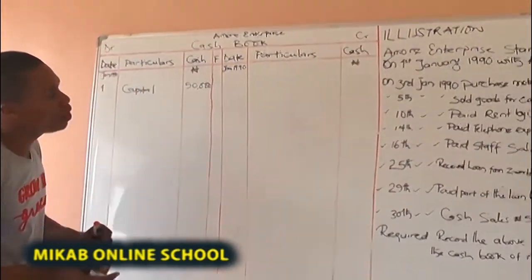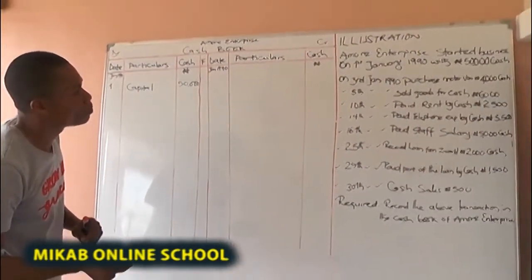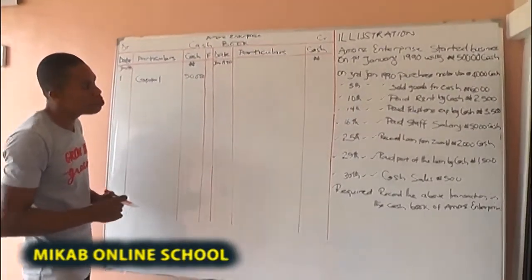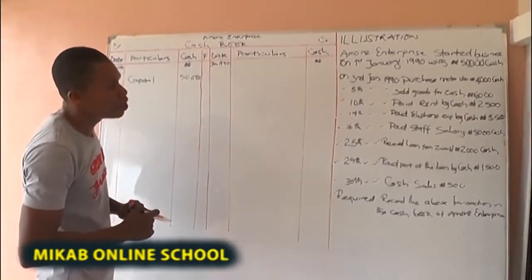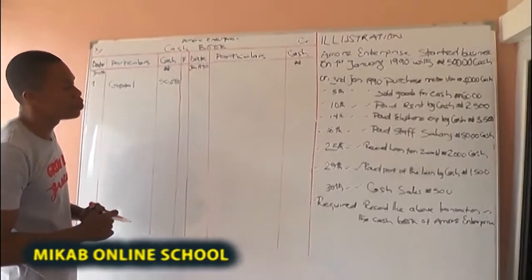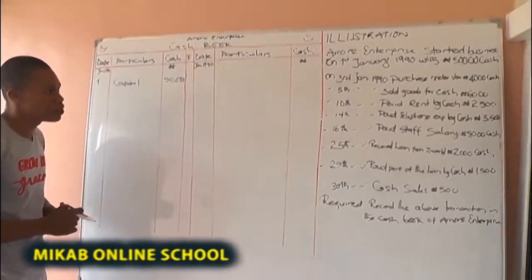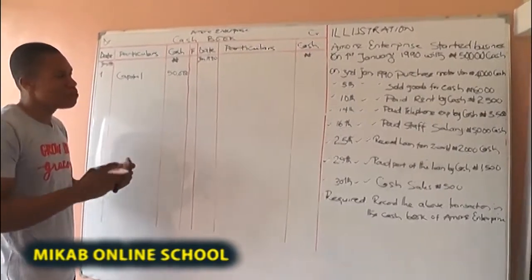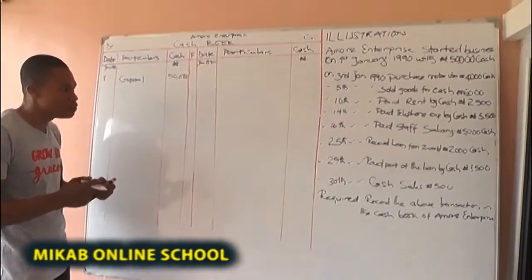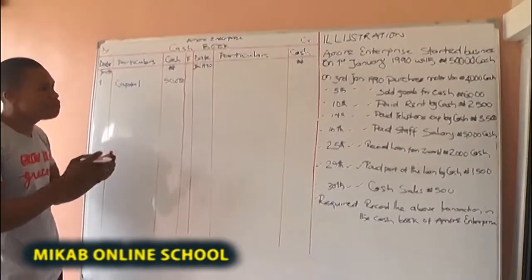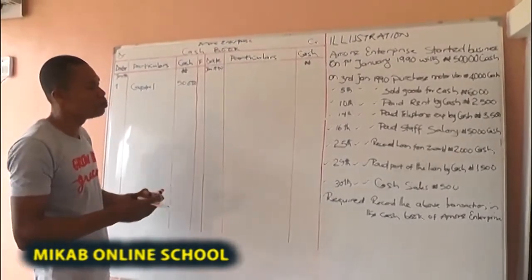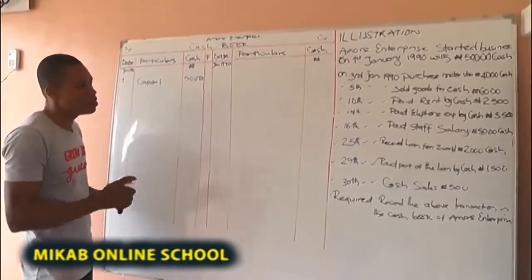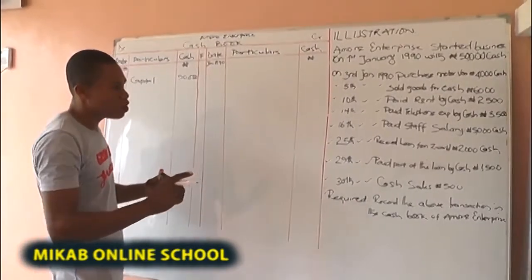The next one is on the 3rd of January. On the 3rd of January, purchase motor van, 4,000 Naira cash. I told you before now in the rule that when value is received, it should be debited, and when value is given out, it should be what? Credited. Here now, money is going out for what?